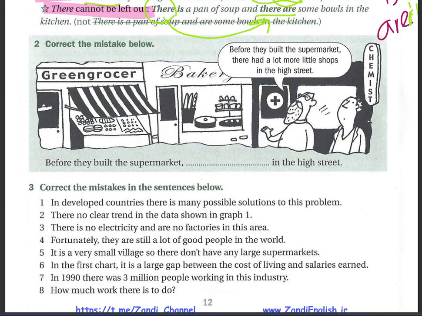Now here, the exercises. Exercise 2: correct the mistake below. Let's read it together. Before they built their supermarket, there had a lot more little shops in the high street. There had, what do you think? Is that correct?